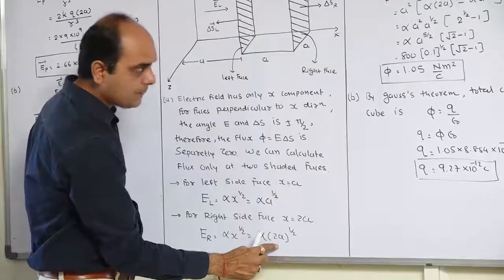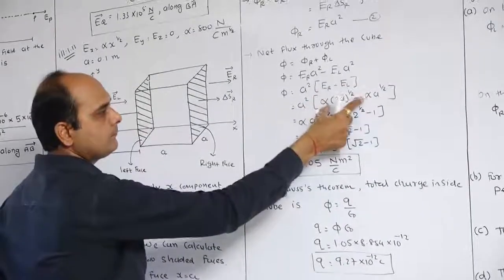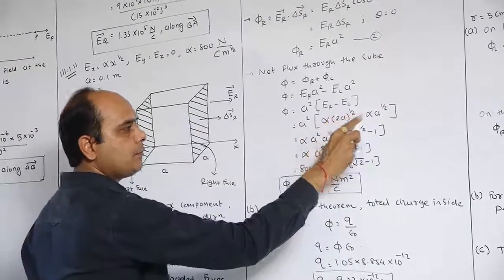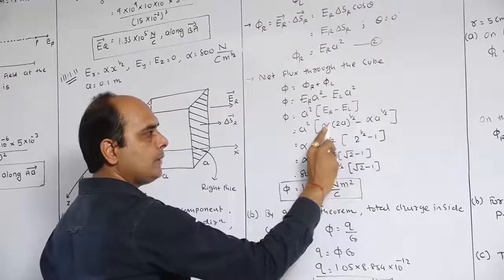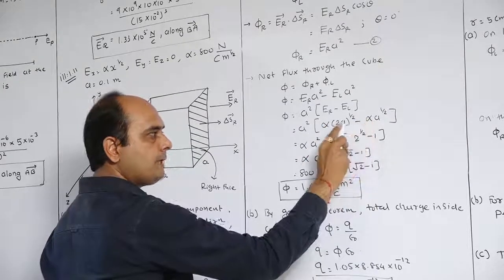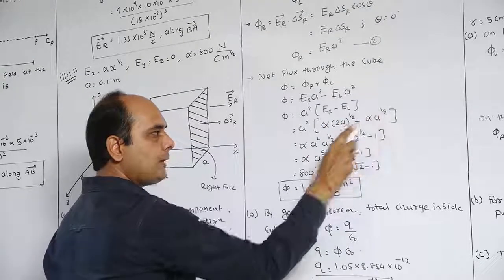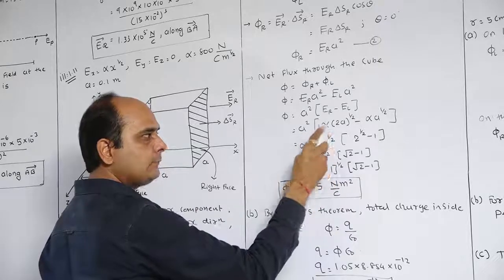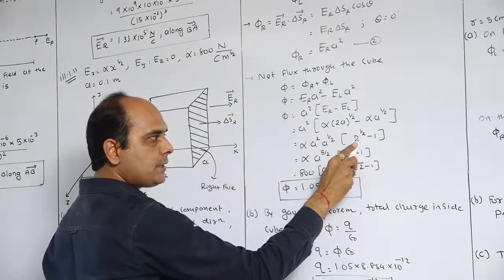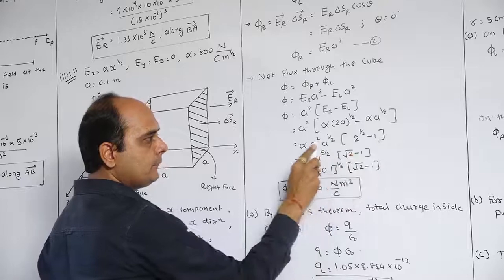These two values are substituted into this equation. So alpha (2a) raised to 1/2 minus alpha a raised to 1/2. Alpha is common, and a raised to 1/2 is common. Then 2 raised to 1/2 remains inside the bracket, and minus 1 remains.